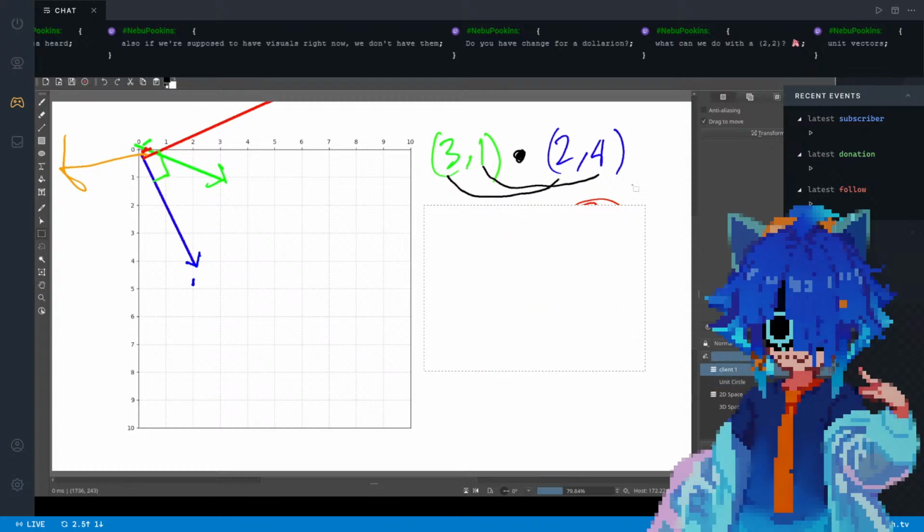So let's drop down the longer one. So we'll pick that as the normal vector. So what is the unit vector that we get from 2, 4?